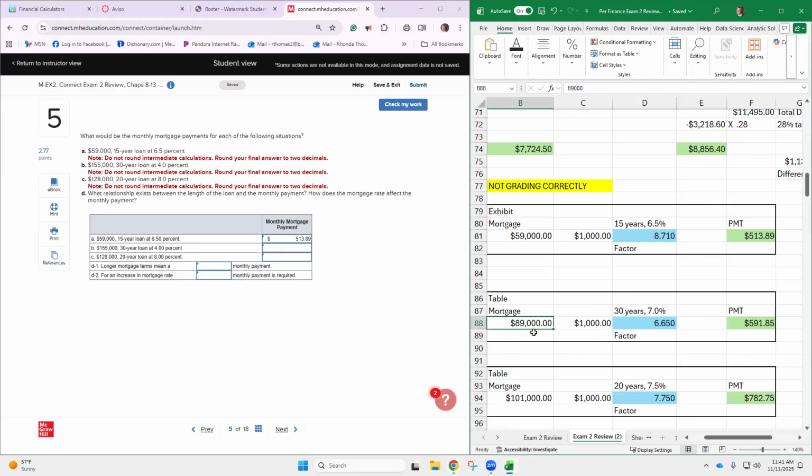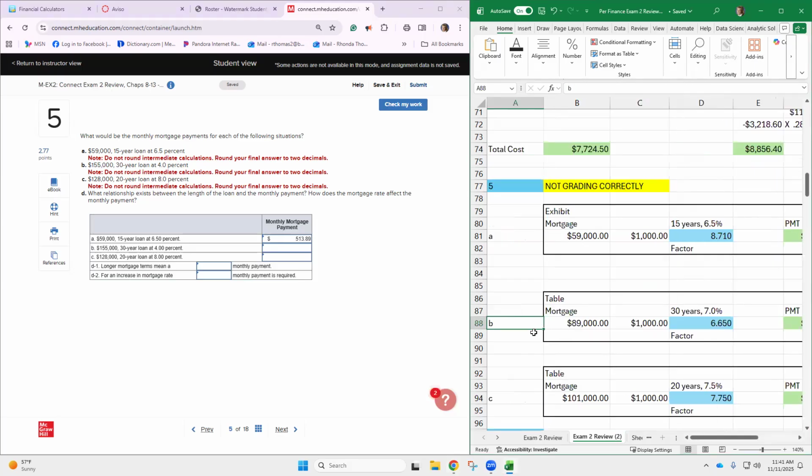And then I'm moving on to my second mortgage amount, which is B. So the second mortgage amount for me is 155,000. And I'm looking at 30 years at 4%. So I think the first one will be a 15-year mortgage, the second one will be a 30-year mortgage, and the third one will be a 20-year mortgage.